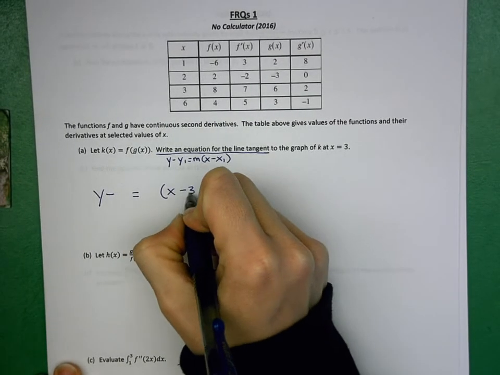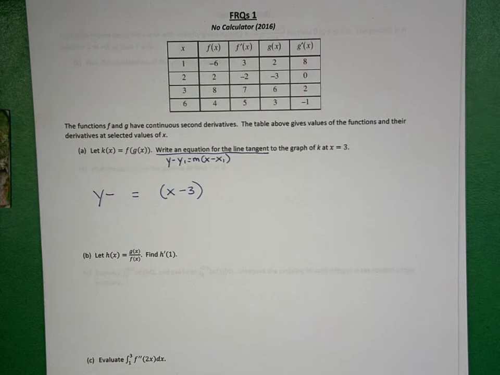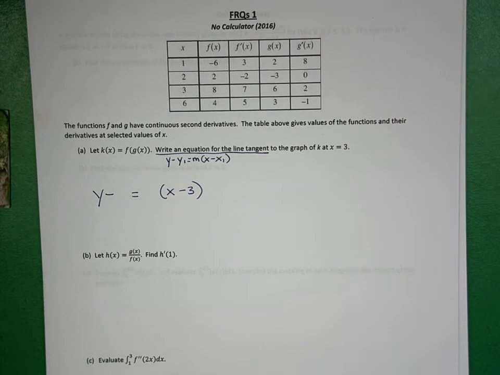X minus 3. So the question then becomes, well, what is my y value? What is my slope value? Y's, a reminder, are either given in some way, shape, or form, or you find them by plugging your x into your original equation. That's how we find the y coordinate of a point of inflection or a relative extrema, that kind of thing. It's how we find our y coordinate for our equation of the line tangent here.